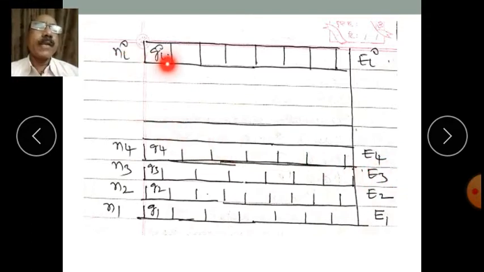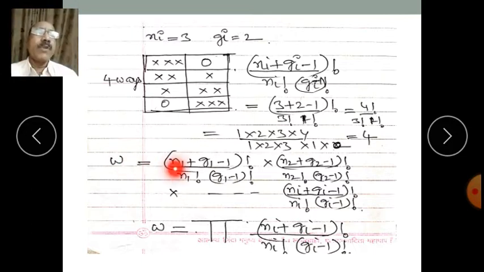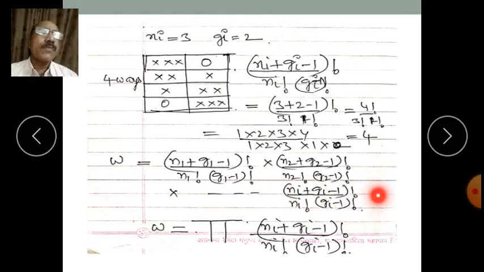Ni number of particles to be distributed in Gi number of cells having energy Ei, and that can be done by this relation: W is equal to N1 plus G1 minus 1 factorial divided by N1 factorial into G1 minus 1 factorial, into N2 plus G2 minus 1 factorial divided by N2 factorial into G2 minus 1 factorial, and so on, Ni plus Gi minus 1 factorial divided by Ni factorial into Gi minus 1 factorial, isn't it?